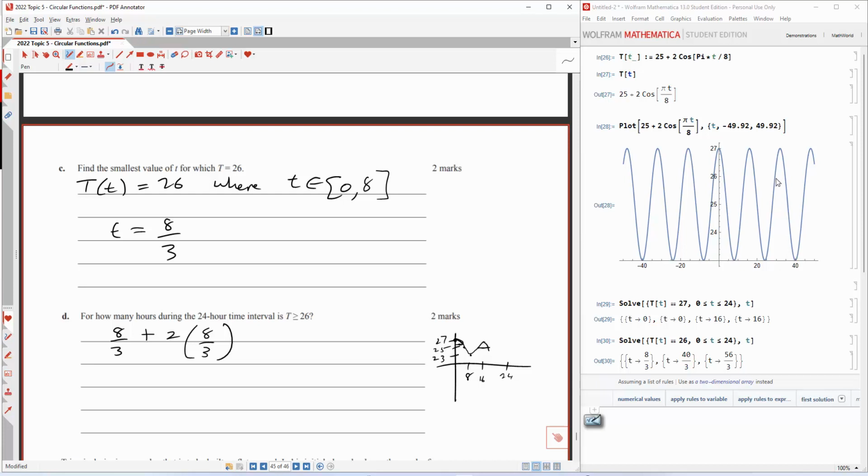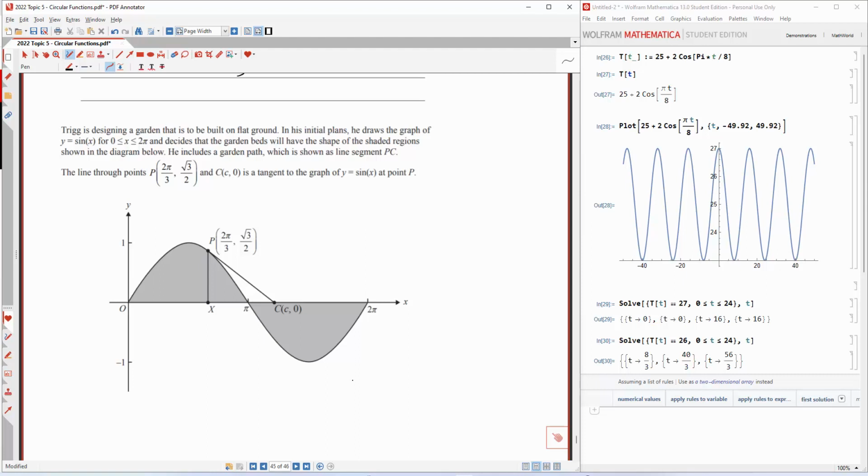So we're not going to worry about the third one. So let's do this. It's 8 on 3 plus 16 on 3, which is 24 on 3, which is 8 hours. Okay, so again, for 2 marks there, we've got method here and answer.